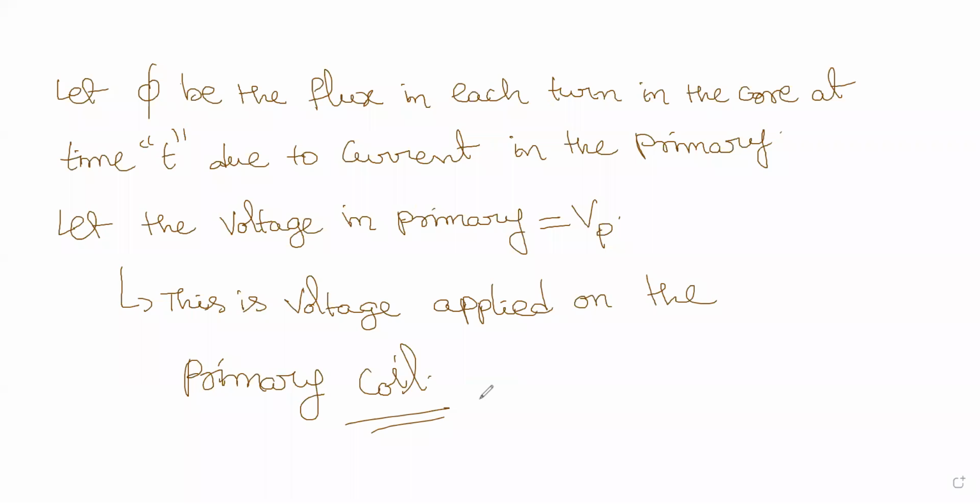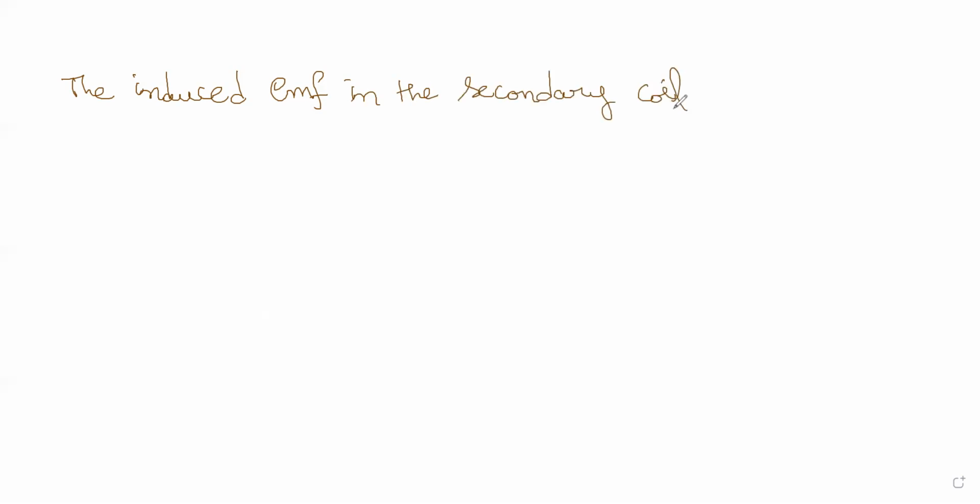Now, the induced EMF in the secondary coil, ES, is equal to negative of Ns into d phi by dt.